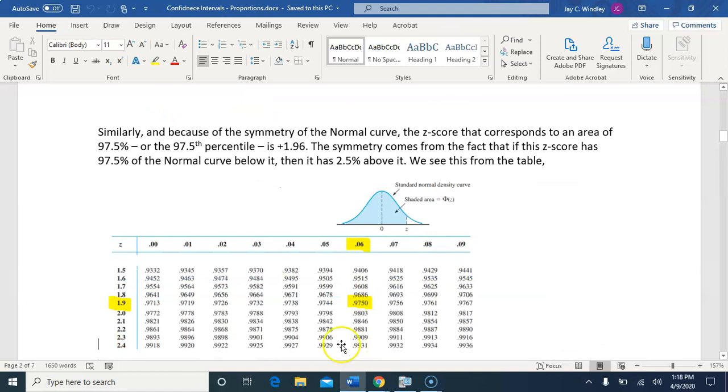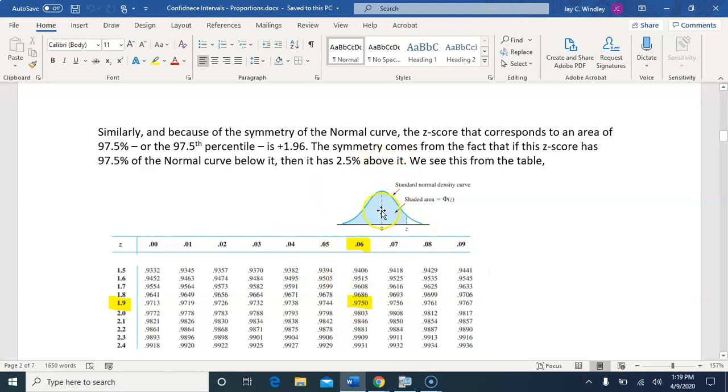Similarly, because of the symmetry of the normal curve, the z-score that corresponds to the 97.5th percentile is positive 1.96. So z of positive 1.96 has 97.5% below it. And that's because if you have 97.5% below it, you have 2.5% above it.